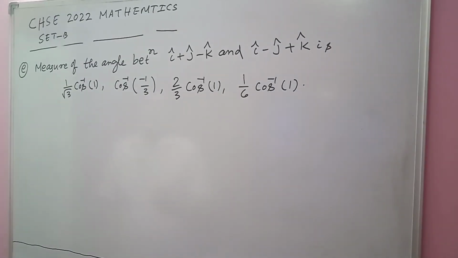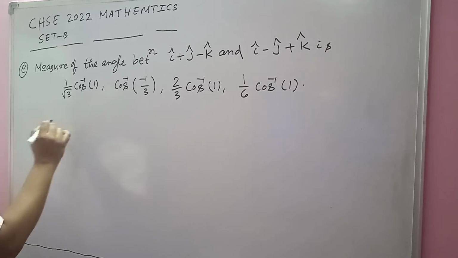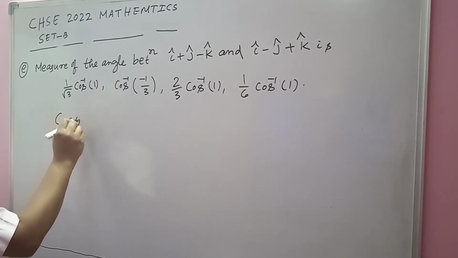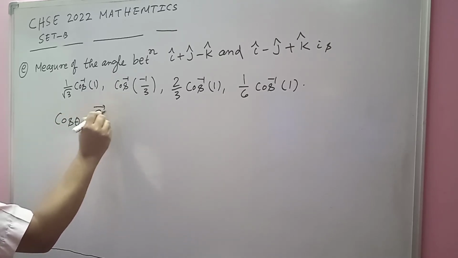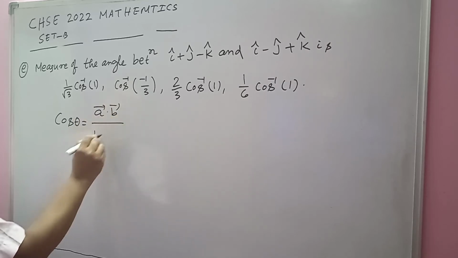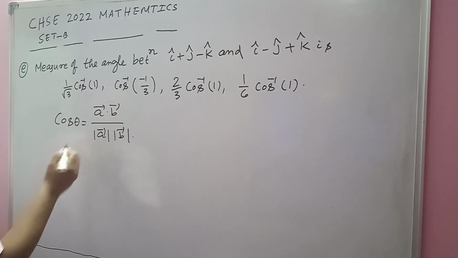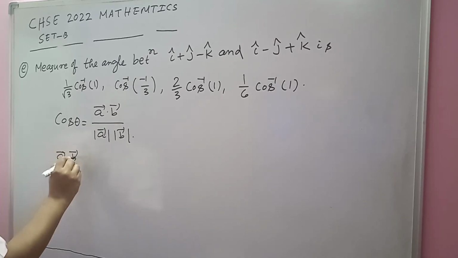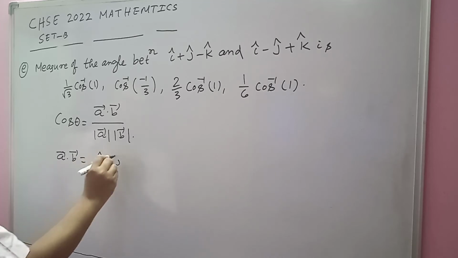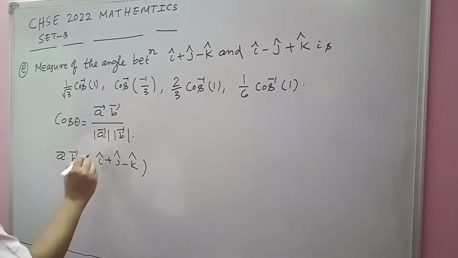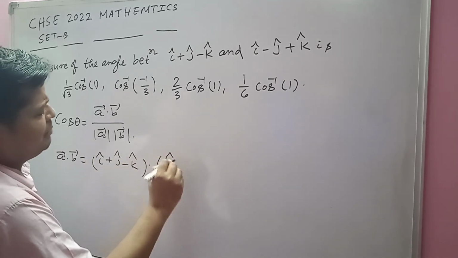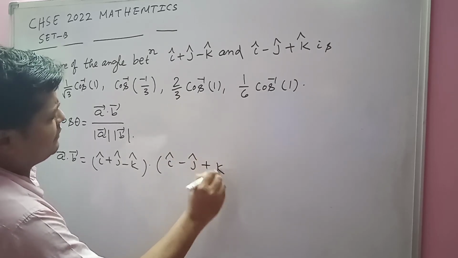To find the angle between two vectors, cos theta equal to a dot b divided by magnitude A, magnitude B. What is A dot B? In this case, A dot B is i plus j minus k dot i minus j plus k.